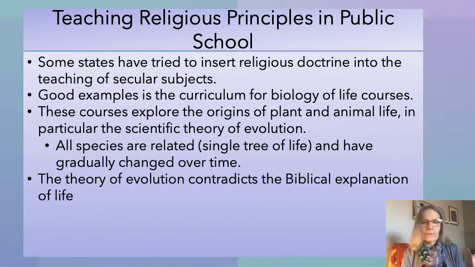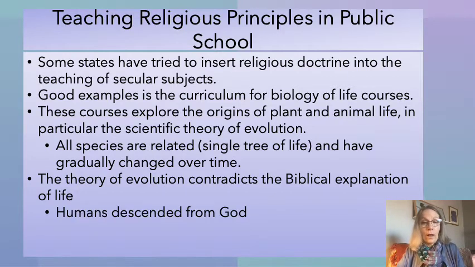Now, as many of us know, the theory of evolution, the idea that all species are related and that humans have evolved from non-human species, such as lower level primates, contradicts the biblical explanation of life. The biblical explanation of life is that humans descended from God, right?